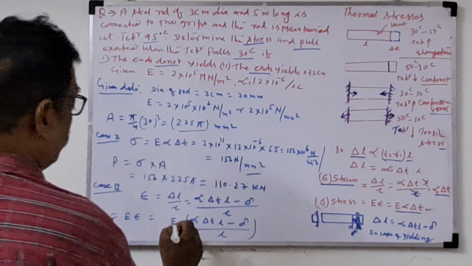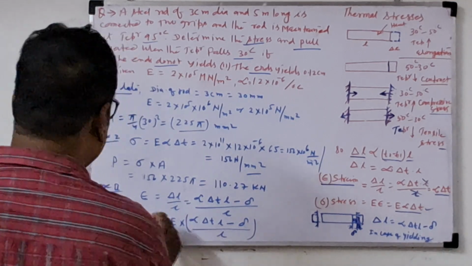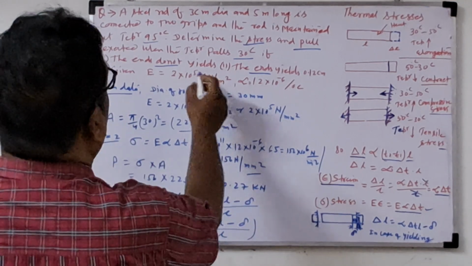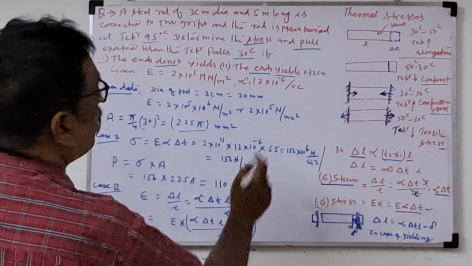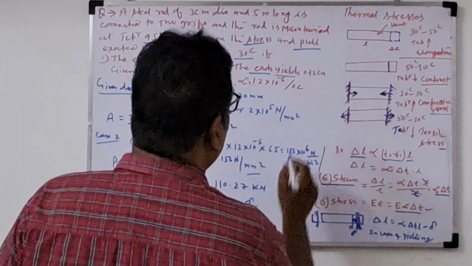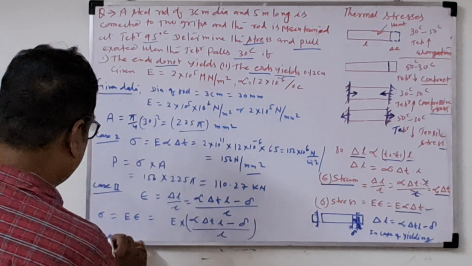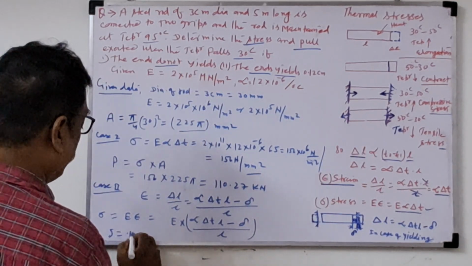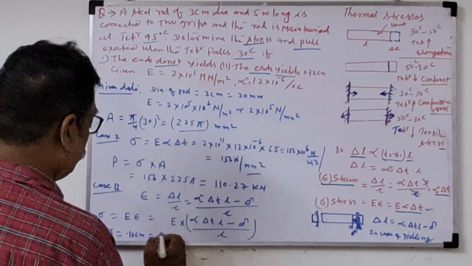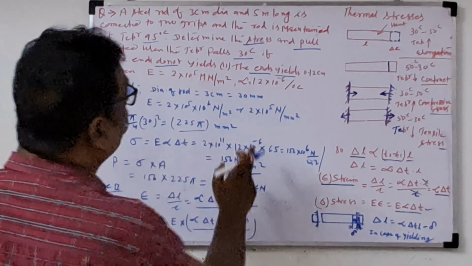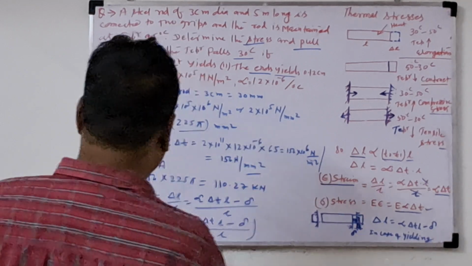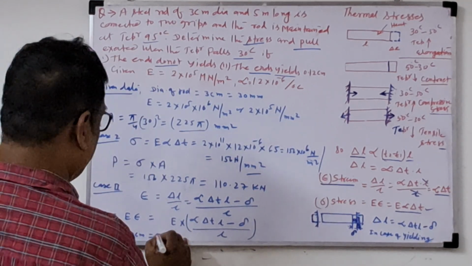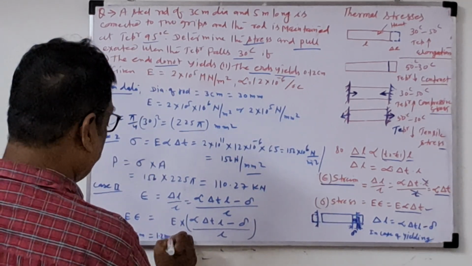So this formula will come for when? Case 2, when L is 1.2 meter. This delta value will be there here. How much? The delta value they have given is 0.2 centimeter. So we are writing either Newton per meter square or Newton per mm square, so according to this you can convert to 1.2 mm.